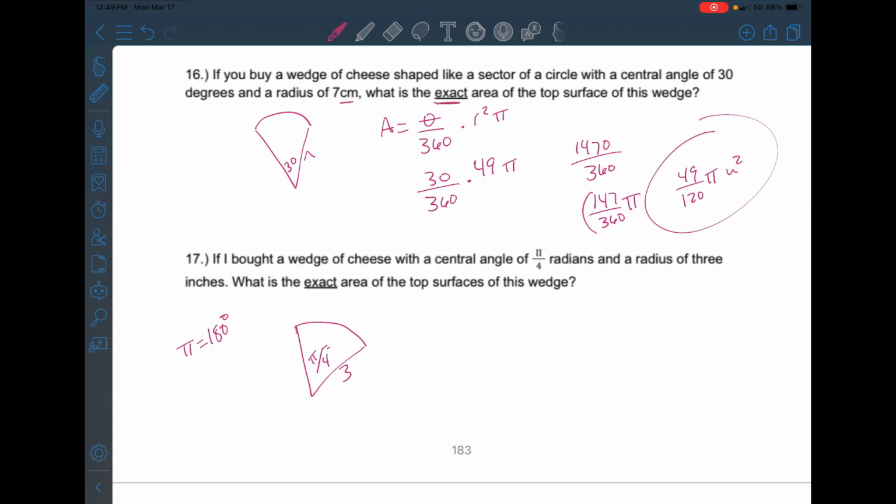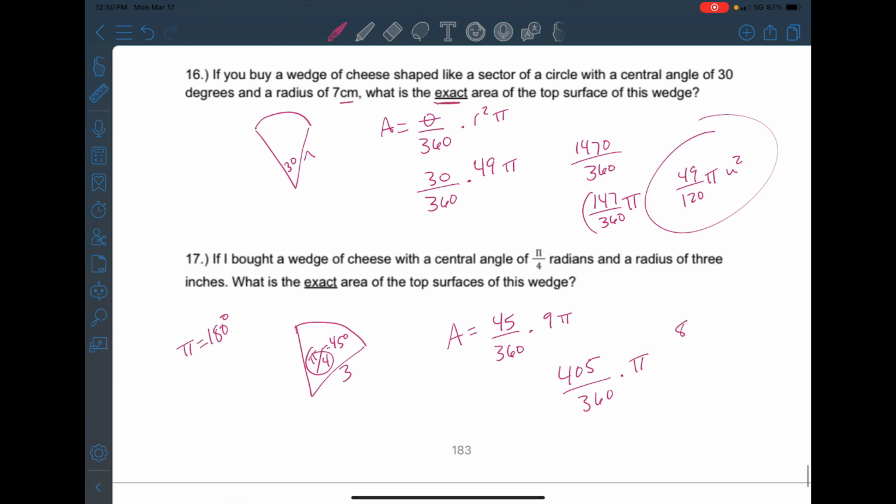So this is 45 degrees here, and then you're just going to find your area just like before. So the only extra step we had to do was figure out how many degrees that was in. So 3 squared is 9. So we're going to go 45 times 9 is 405 over 360. This is pi. We can divide that by 5.